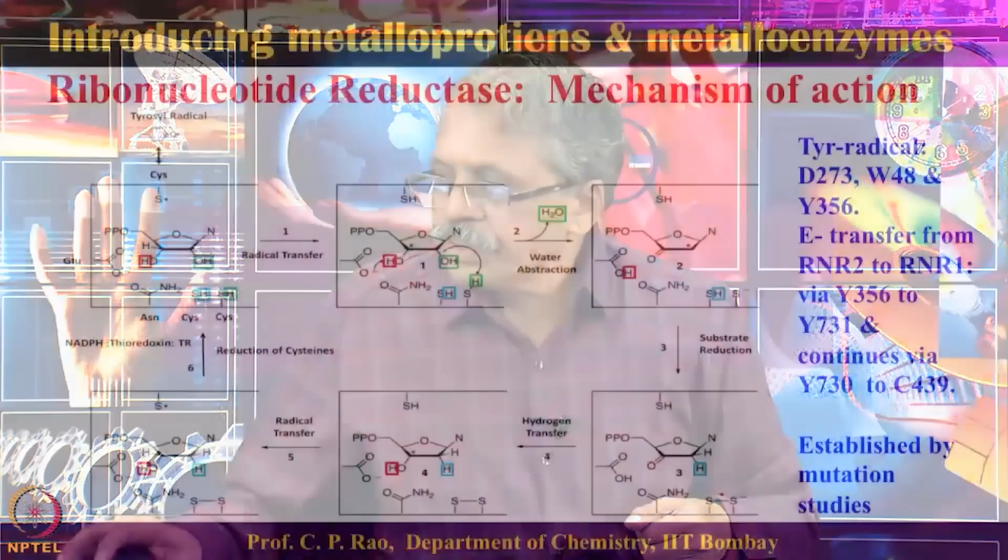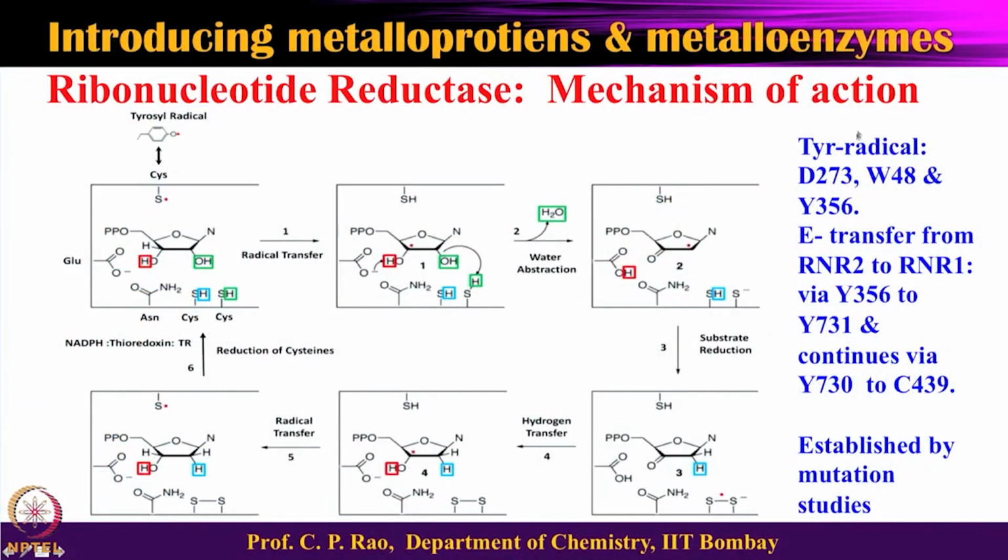So, having talked about the di-iron center and tyrosine radical stabilization in the RnR2, and the dithiol center in the RnR1, these two are connected at the C terminal, and certain residues coming from the RnR2 and certain residues coming from the RnR1 communicate. Let us look at the residues that are associated.